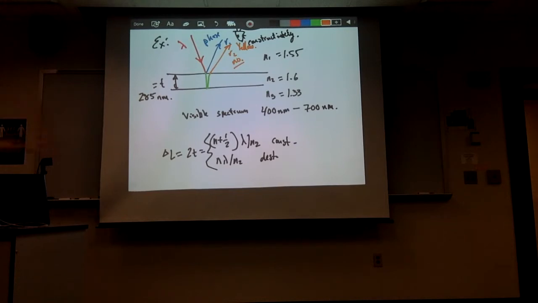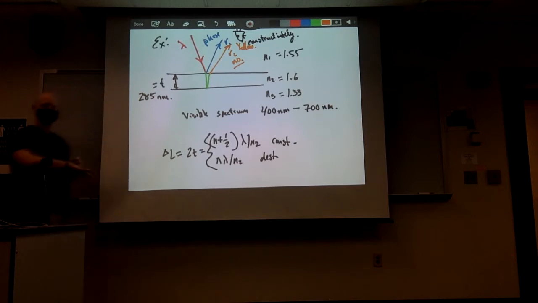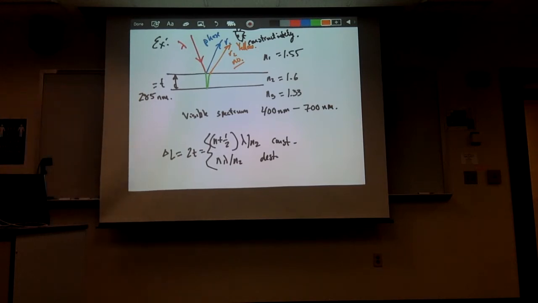Everything else is destructively interfering. The other one that is constructively interfering would be yellow. So that's the only time I wouldn't tell you if it was flat out constructive or destructive interference. If I gave you a color, it's implied that it's constructive interference, so that's what you're seeing.